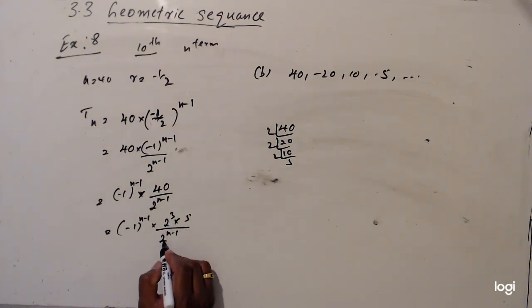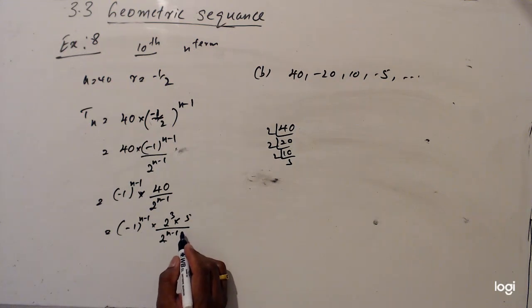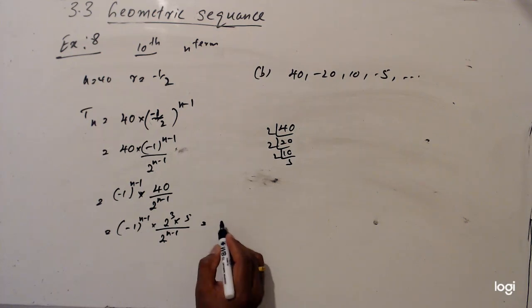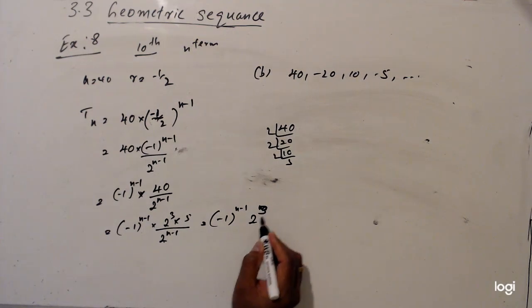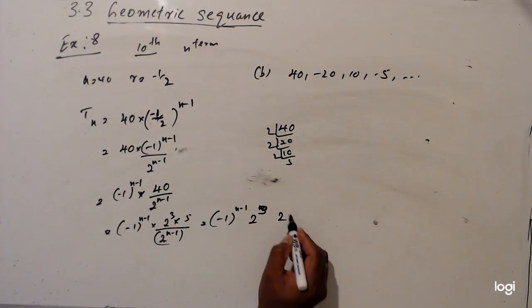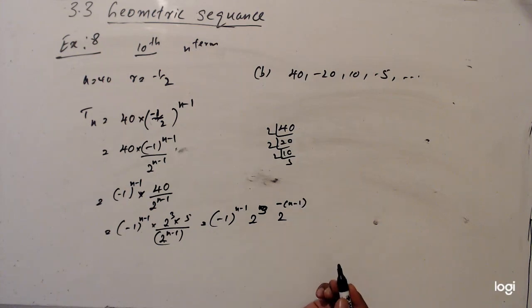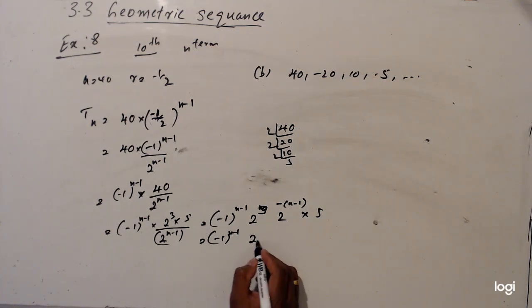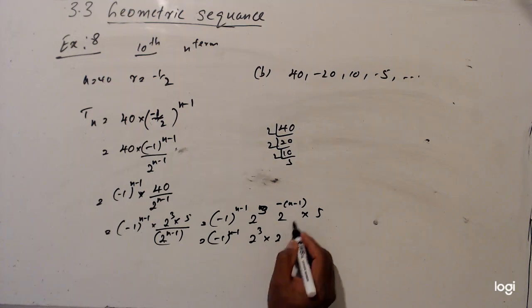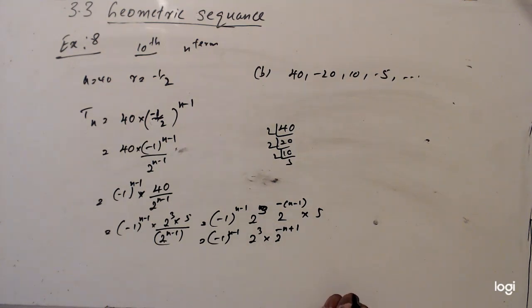I can bring this 2 to the power n minus 1 up, and it becomes a negative power. So minus 1 to the power n minus 1, 2 to the power 3 times 2 to the power minus n plus 1, times 5.